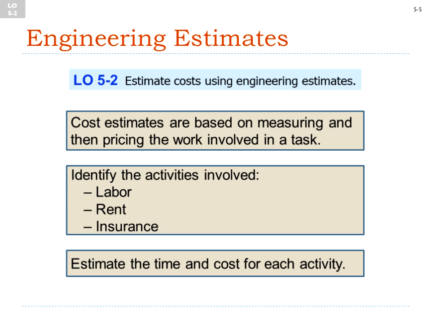So again, the term engineering estimate sounds kind of intimidating, but really all you're doing is taking an activity and breaking it down into smaller pieces, into variable cost, fixed cost, and then breaking them down further into things like rent and utilities and supplies and administrative costs.